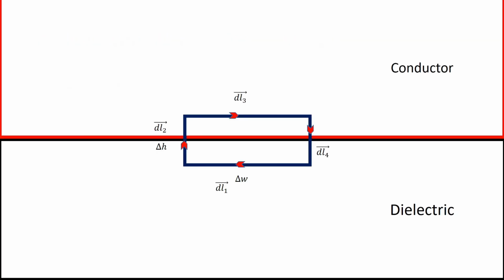So this is the closed path which we are discussing. Instead of E1 and E2, I have replaced these with Ect and Ecn. Ect is equal to 0, Ecn is equal to 0.